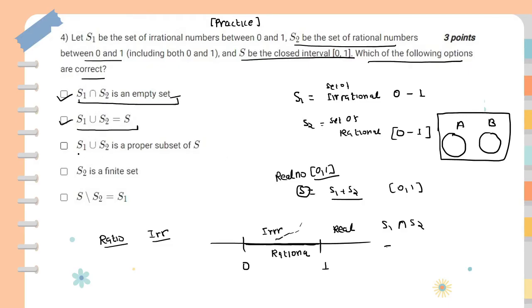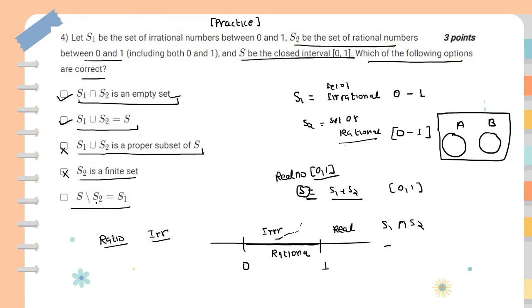The third is S1 union S2 is a proper subset of S. So proper subset means not equal to, but S1 union S2 is equal to S, so this statement is incorrect. S2 is a finite set. Basically there are infinite rational numbers between 0 and 1, so this is also incorrect.